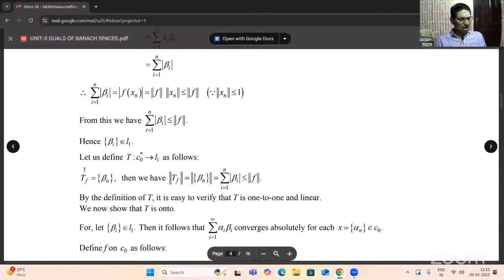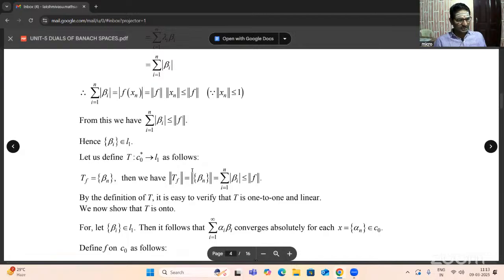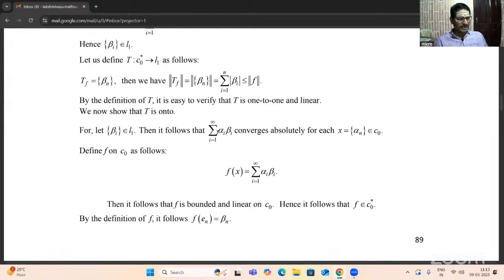Applying the norm on both sides, norm Tf equals the norm of the sequence beta n, which is the summation of the absolute values of beta i, less than or equal to norm f. So finally, norm Tf equals norm f. So that is the identity.